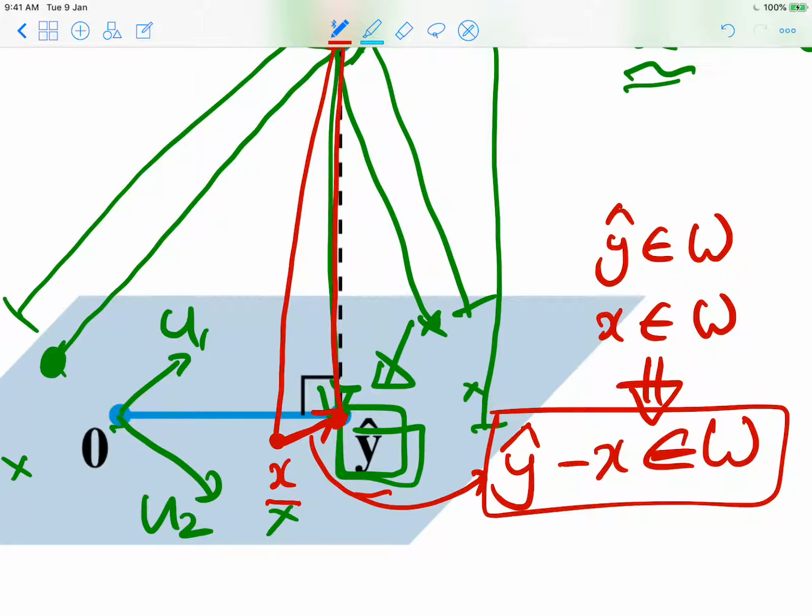It is because of the definition or the requirement of a subspace. A subspace is closed under linear combination, right? And this is a special form of linear combination of two vectors chosen from the same subspace, so their linear combination is also inside of W.